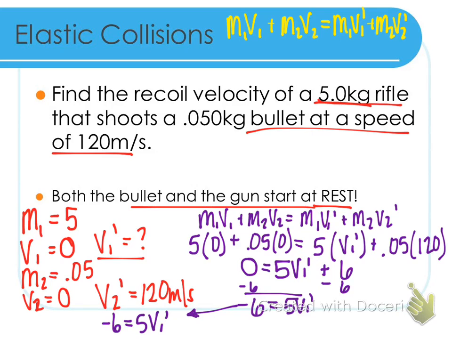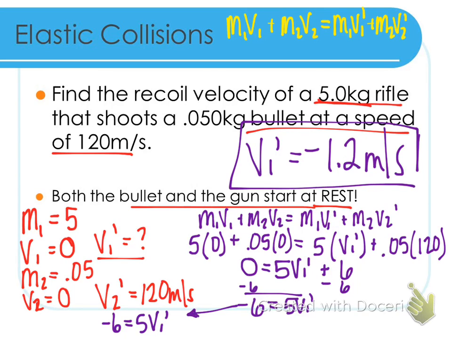I'll divide negative 6 by 5 and get V sub 1 prime to equal negative 1.2 meters per second. So what that's telling us is that the rifle, or the gun, is going to head backwards, in our direction, opposite the direction of the bullet, at a speed of 1.2 meters per second.